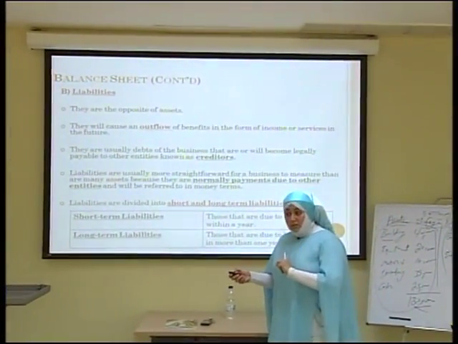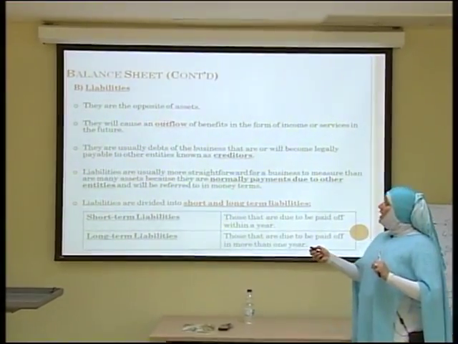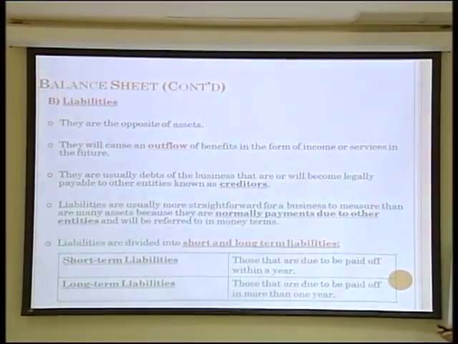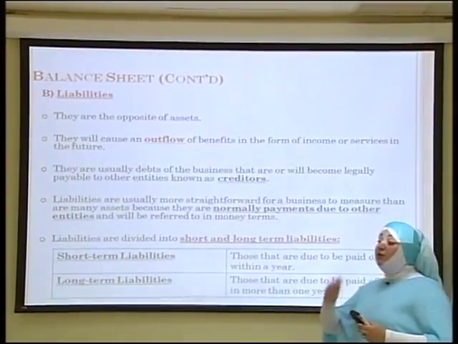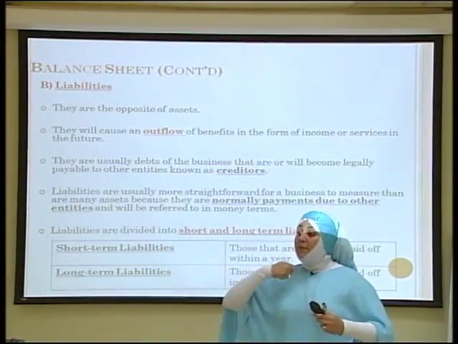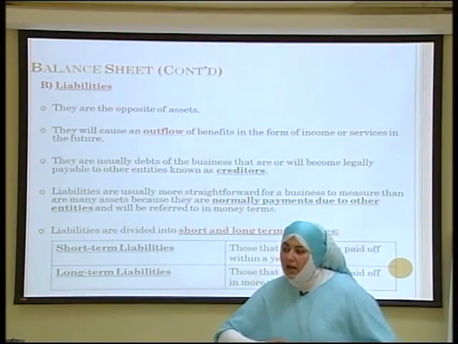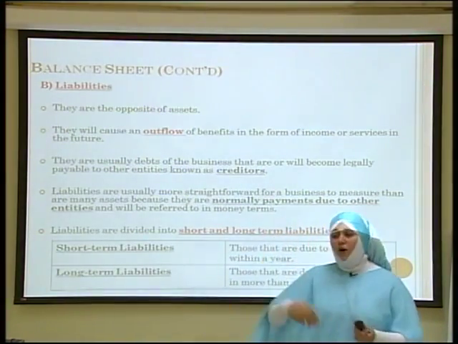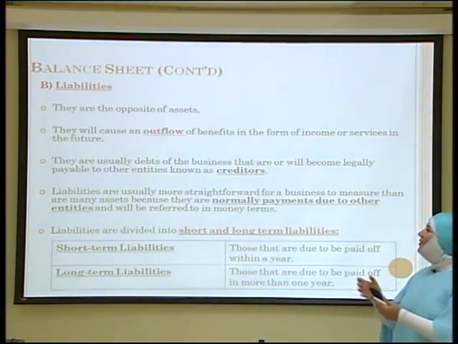Liabilities are the opposite of assets. They will cause an outflow of benefits in the form of income or services in the future. When Sophia's business repays the loan back, the cash, yes, it's an outflow of our benefit, right?